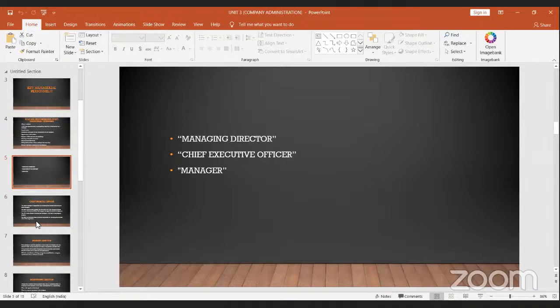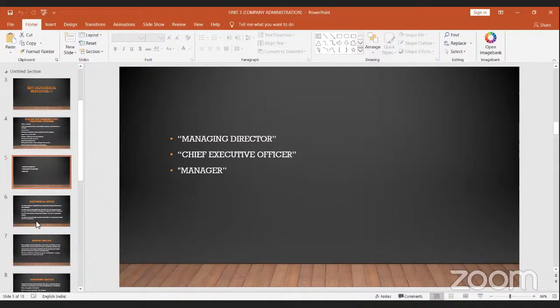You have to understand the role of each of them. The managing director is a key managerial person who is involved in company affairs and takes care of decisions with regard to the company. If they ask who a managing director is, you just answer like this. The managing director and the chief executive officer are both eligible, but the levels change.